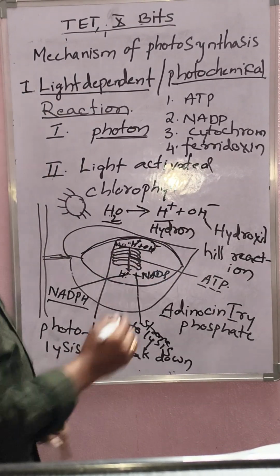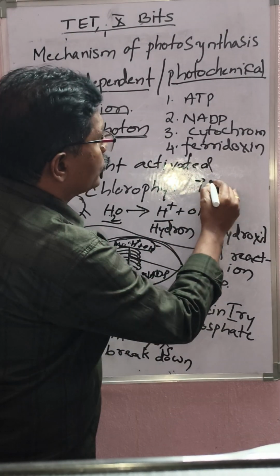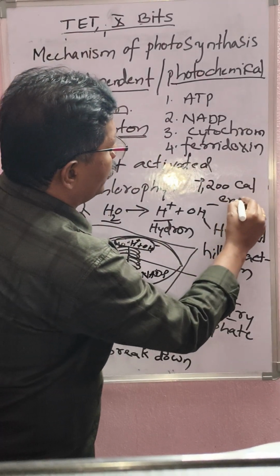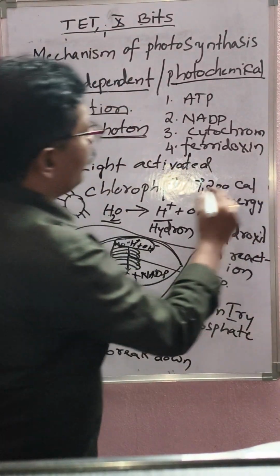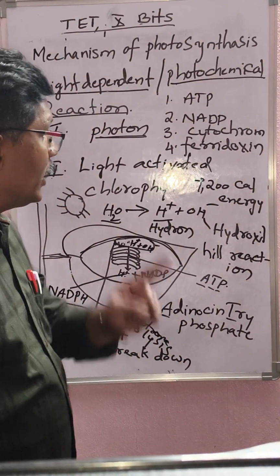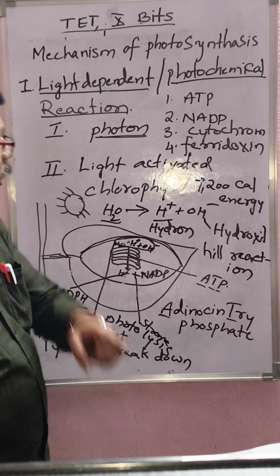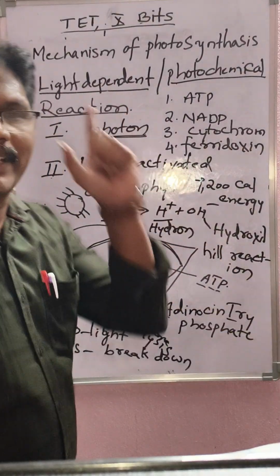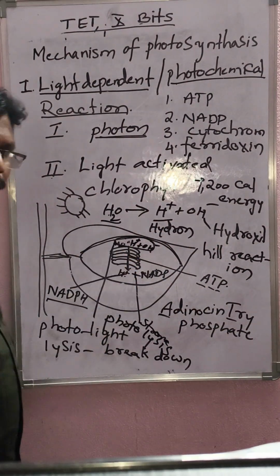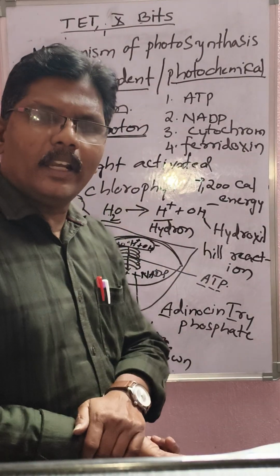One ATP gives 7,200 calories of energy. ATP means adenosine triphosphate. Do you know Nagarjuna Sagar?